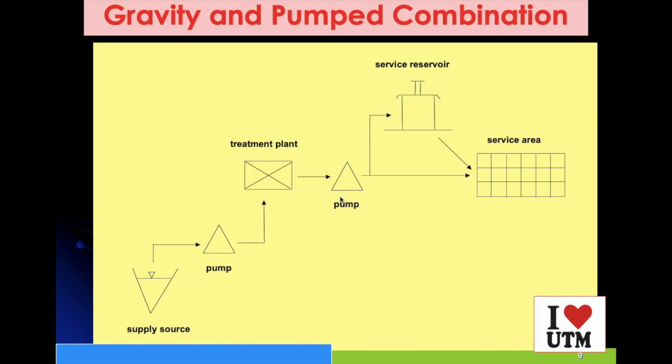Right, it will pump at 500 liters per second. So at 12 o'clock at night, since the service area needs only 100 liters per second, the water from this pump will send 100 liters to this area, and another 400 liters will be saved at the service reservoir.